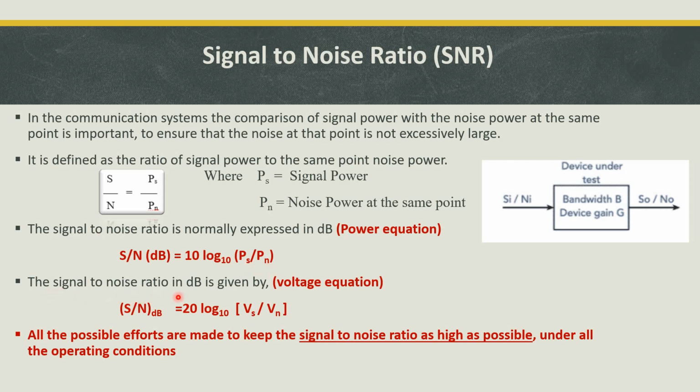In terms of voltage, the signal to noise ratio in dB is 20 log base 10 of Vs divided by Vn. All possible efforts are made to keep the signal to noise ratio as high as possible under all operating conditions. That is a minimum requirement in any communication system. We have to maintain the highest signal to noise ratio at each and every point.